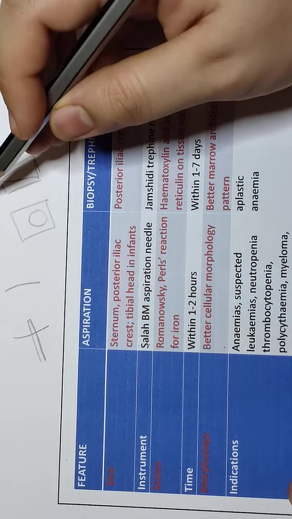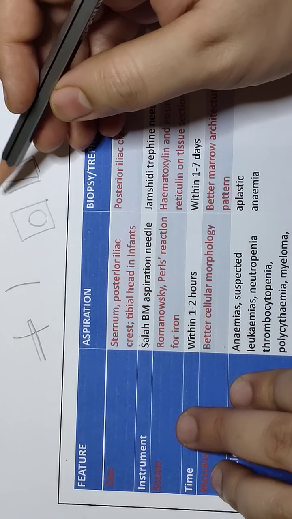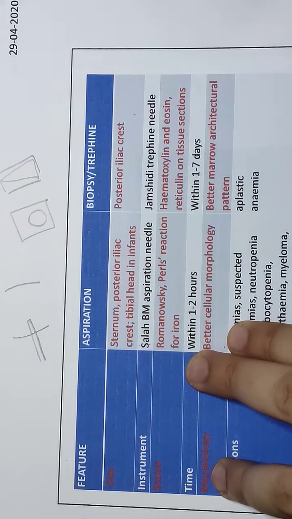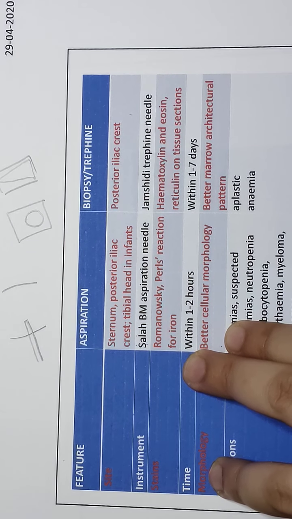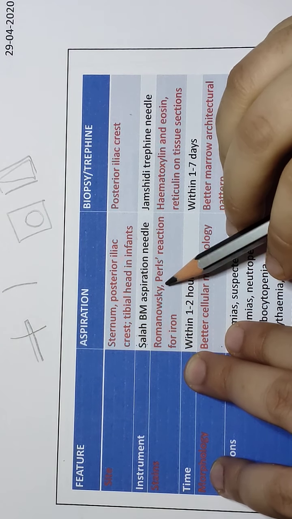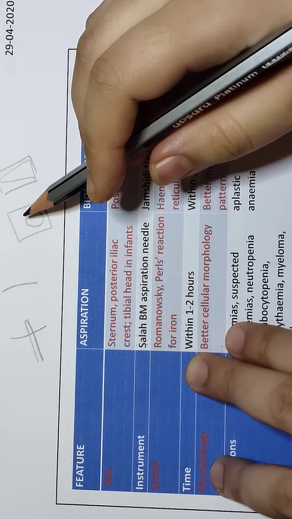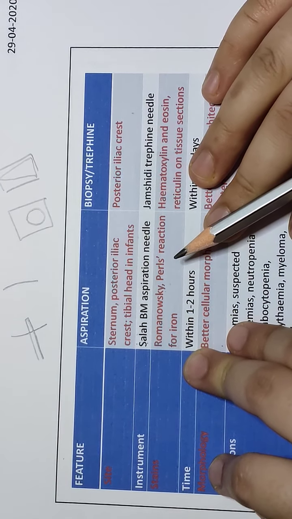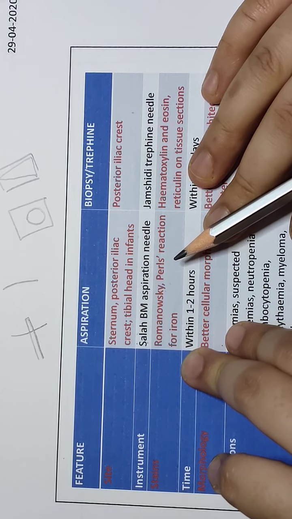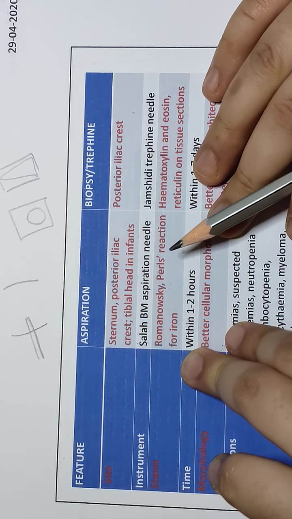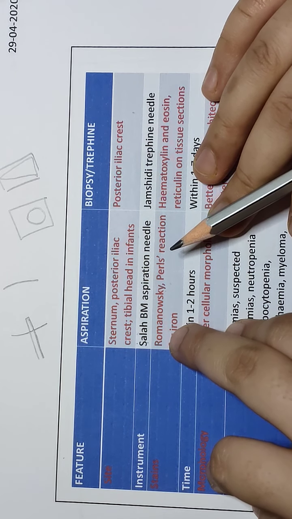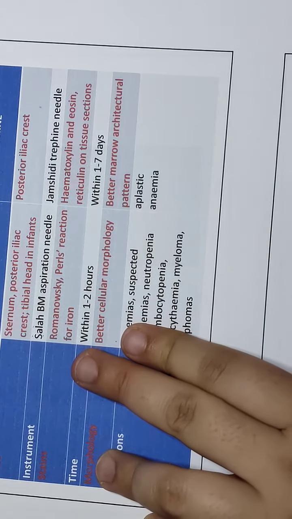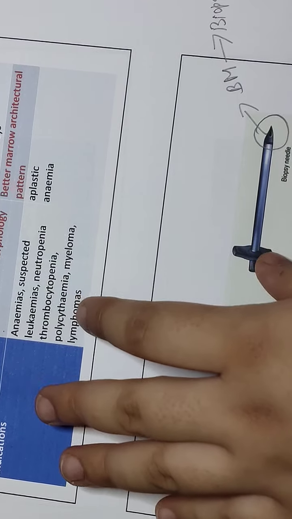So to do this process we need some stains, Romanowsky and Perls' reaction. Romanowsky, this is for staining. Now these are some important points that I'm telling you, which will be taken in great detail in physiology and pathology.